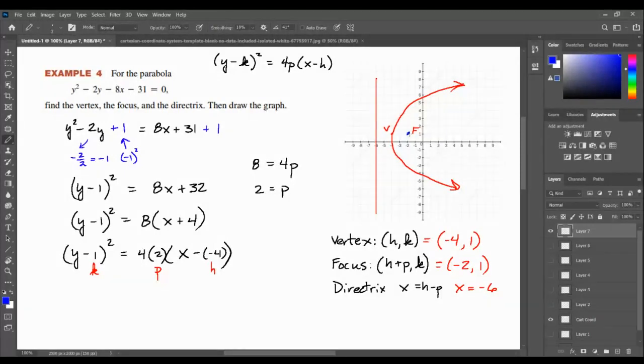Anything that emanates from the focus or comes to the focus, when it hits the parabola, will be directed horizontally in this case. So if it hits the parabola, regardless of where it hits, it's going to fire straight out.